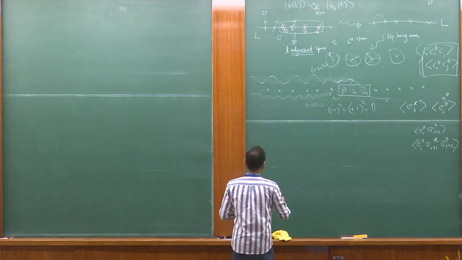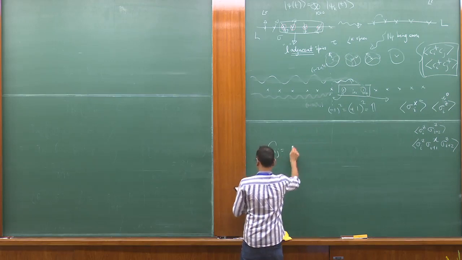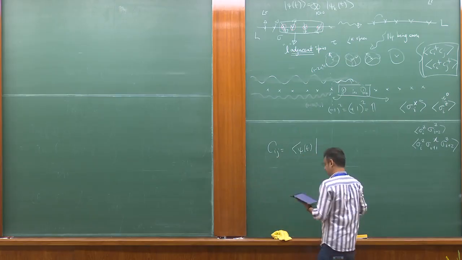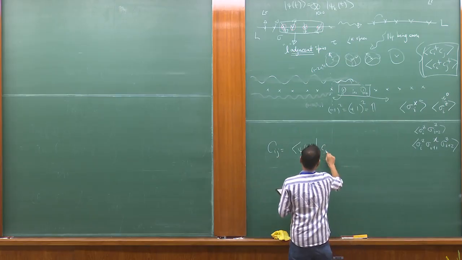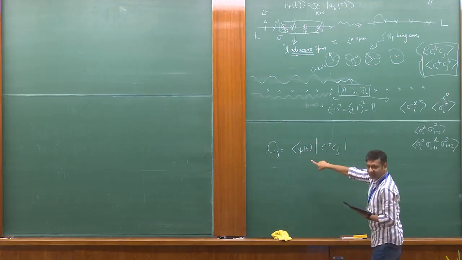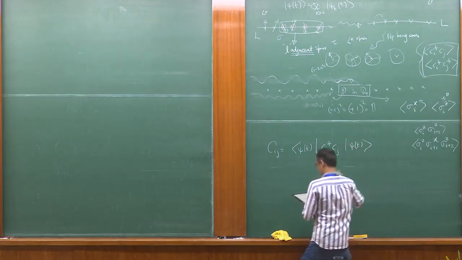Okay, so let me represent those two guys in terms of these matrices. These are of course time dependent because your initial wave function is changing as a function of time. So note that when I'm writing this matrix, let me just write these two matrices, then I'll tell you what I mean.